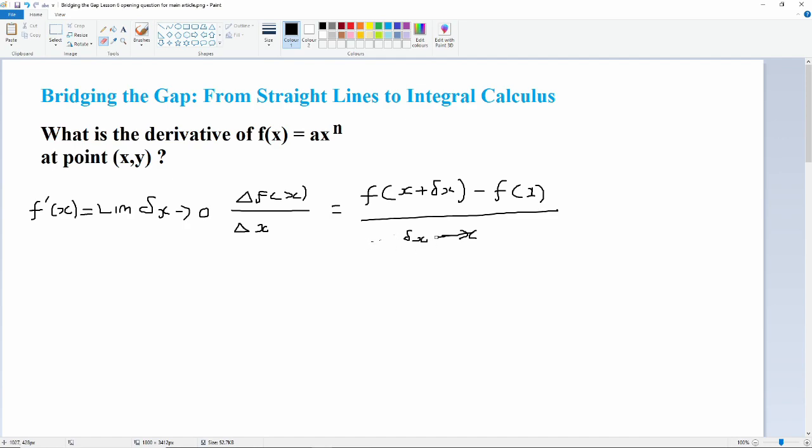It's the limit as delta x approaches 0 of f of x plus delta x minus f of x all over delta x. And I apologise, I'm using two lots of deltas here, so we've got a capital delta and our lowercase delta.